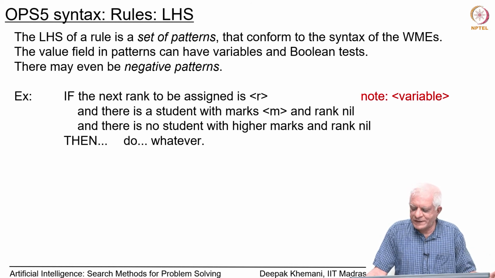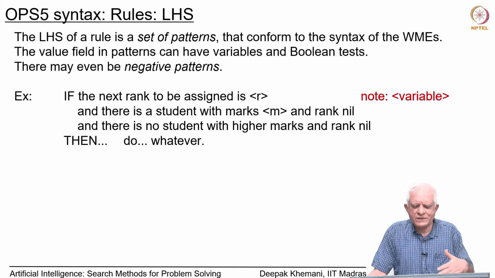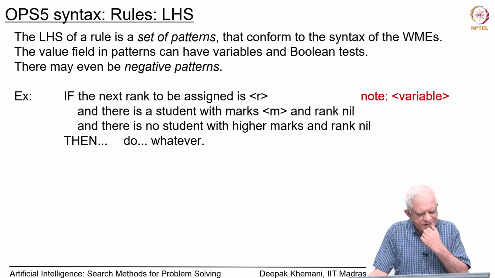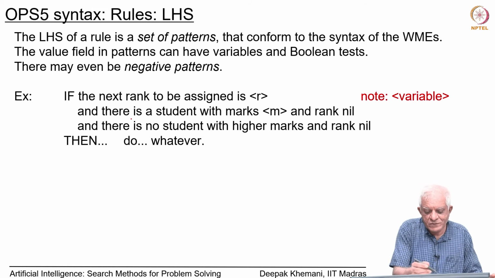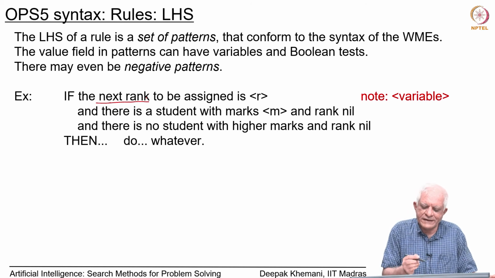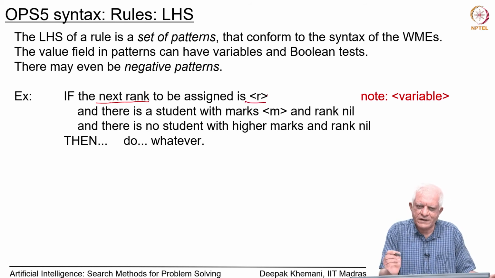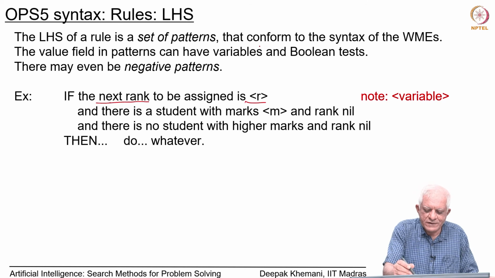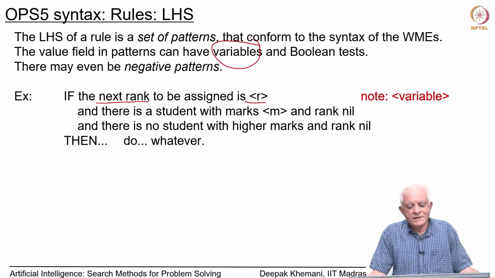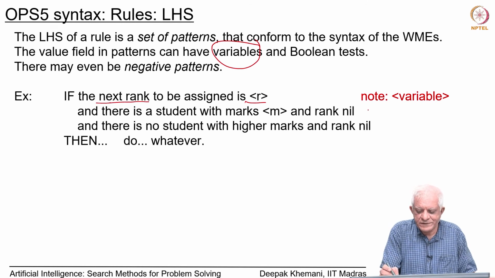So, we have already seen the kind of data that we may be working with, but if we speak of this rule in English, what this rule says is that you may have assigned, remember that this is problem solving in progress, some ranks to, let us say, the toppers, and then you may say, okay, there is one rank which is the next rank which is available, and let us call it R. Now, as we said, patterns have variables, and a variable is denoted in these angular brackets.